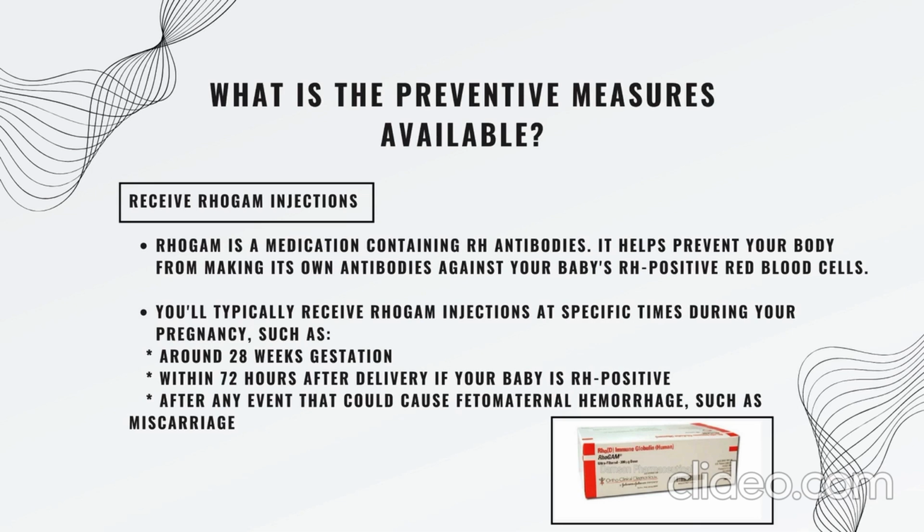Typically, the person who receives RhoGAM injections will receive it at specific times: during her pregnancy, such as around 28 weeks gestation, within 72 hours after delivery if your baby is Rh positive, and lastly after any event that could cause fetal-maternal hemorrhage, such as miscarriage.